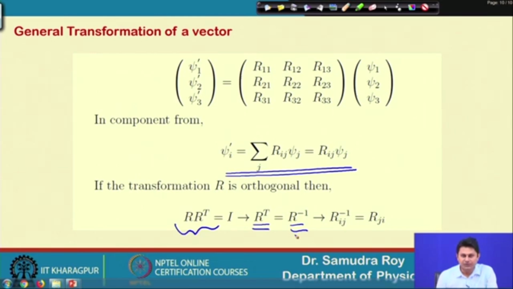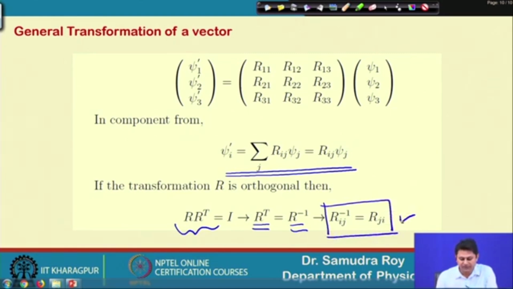So if my operation is orthogonal, we have a relationship between R and R transpose, where R is the operation matrix and every operation can be represented as a matrix. So we have an expression like this for orthogonal transformation.